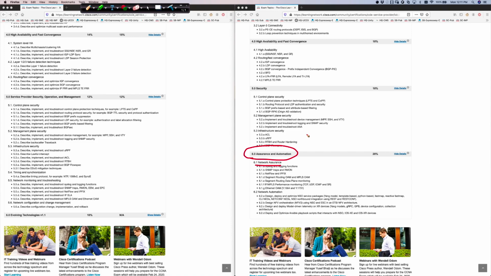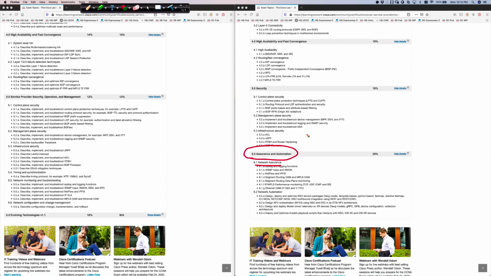The second module of this assurance and automation would be network automation, where you would need to learn about designing, deploying, and optimizing NSO service packages like YANG, template-based, Python-based, or even NETCONF or NSO products, which is northbound integration or southbound configuration.